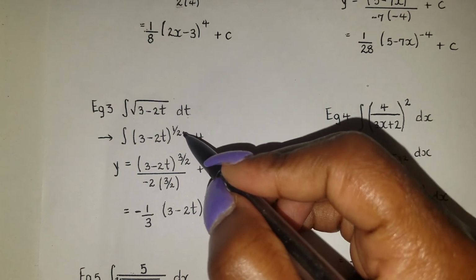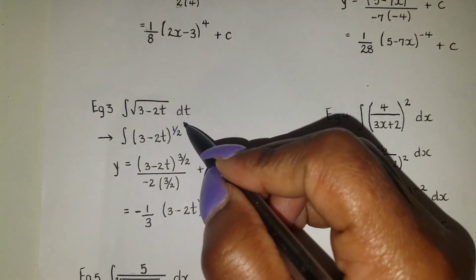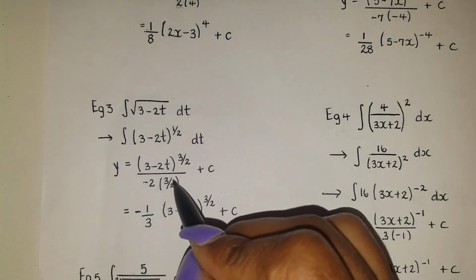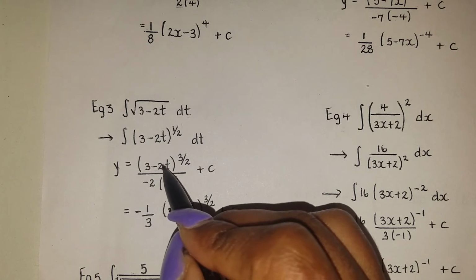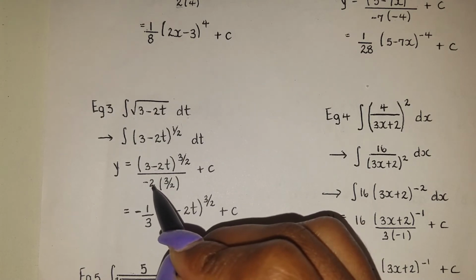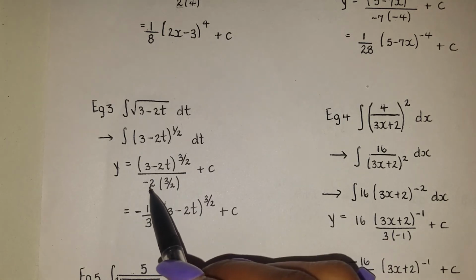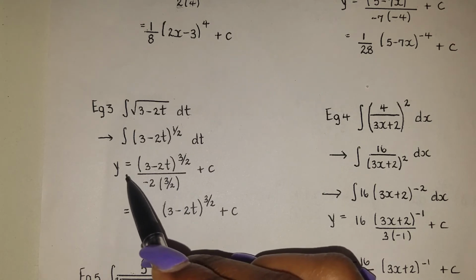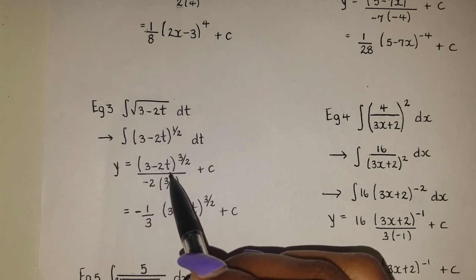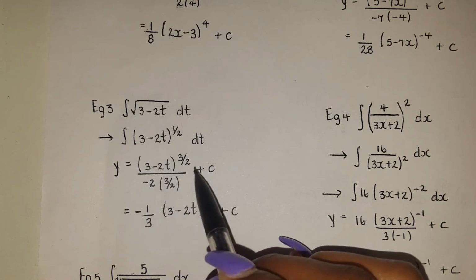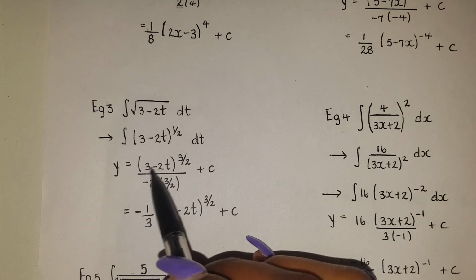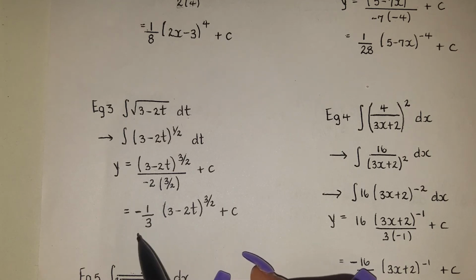So now, when we integrate, we'll add 1 to this power to get 3 over 2 and divide by 3 over 2, but first it gets multiplied by a, in this case the coefficient of t, which is -2. When we multiply -2 by 3/2, you will get -3. So your answer could be (3 - 2t) all raised to 3/2 over -3 plus c, or this -3 gets brought up as -1/3.